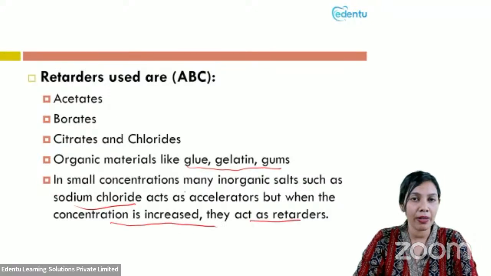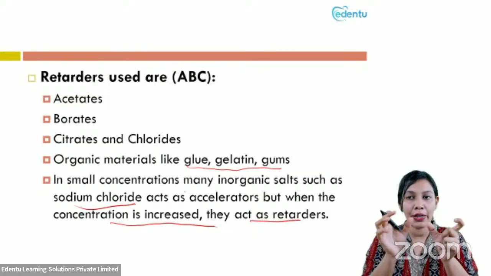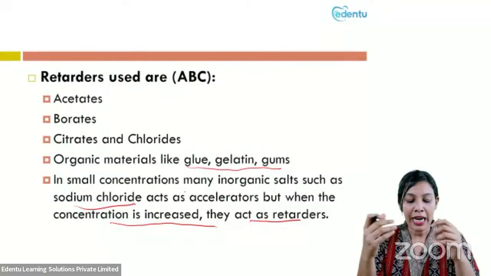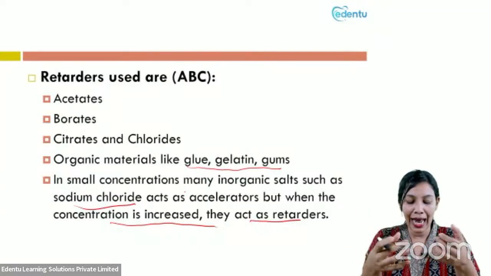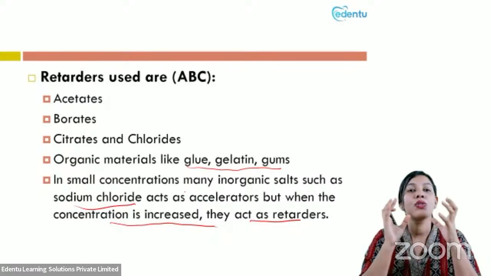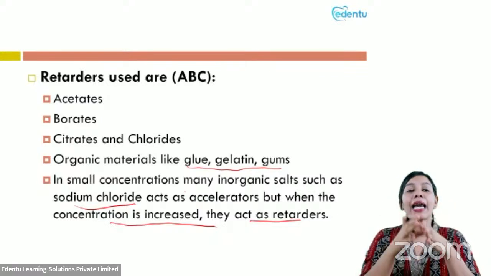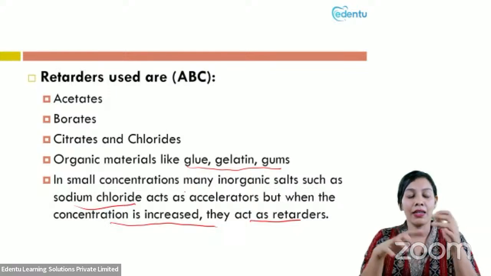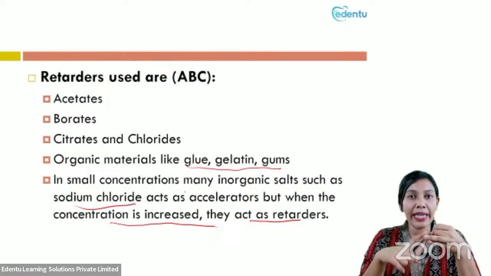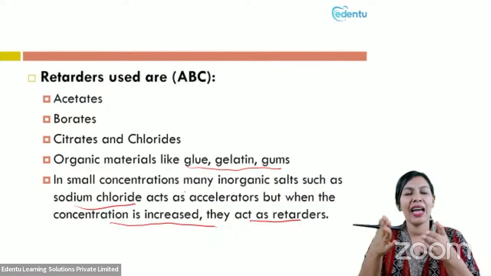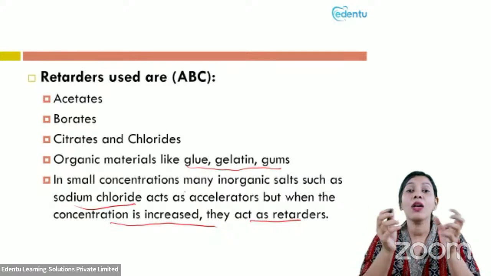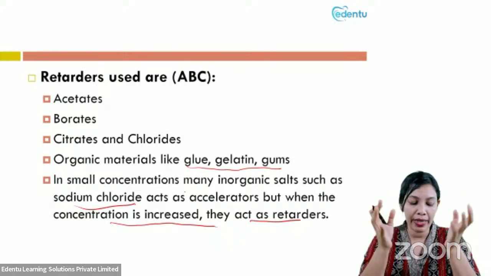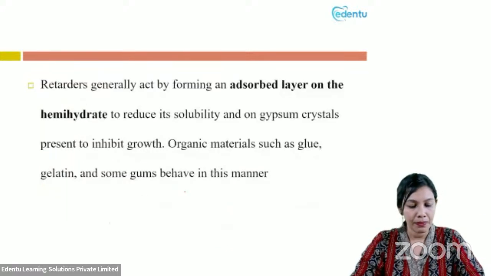This is a very important point. Whenever a question is asked, you need to see whether it is a small or high concentration. Just memorize it as A, B, C: acetate, borate, citrate and chlorides, and the other things we commonly use like glue, gelatin, gums, and the concentration of sodium chloride, very important, right?